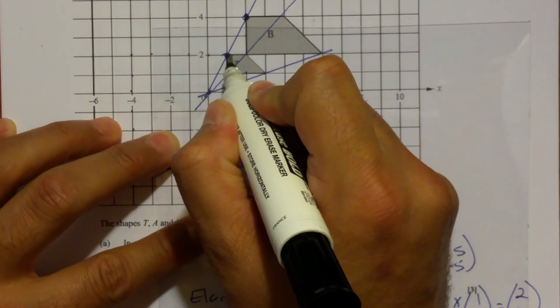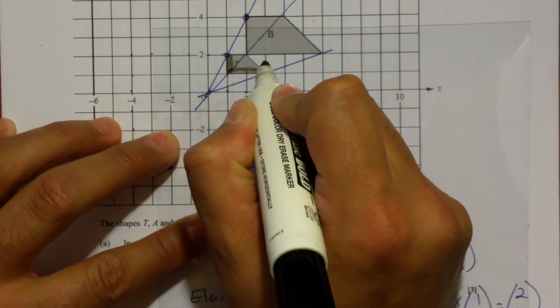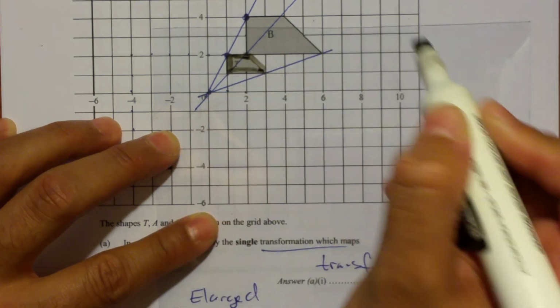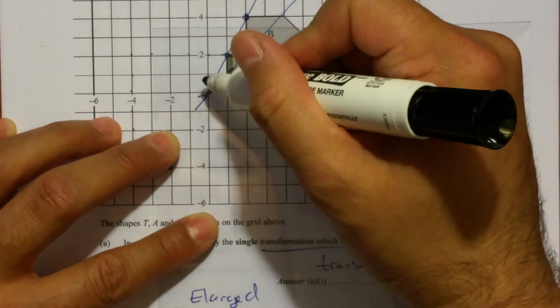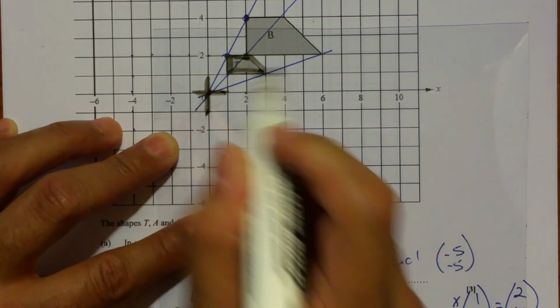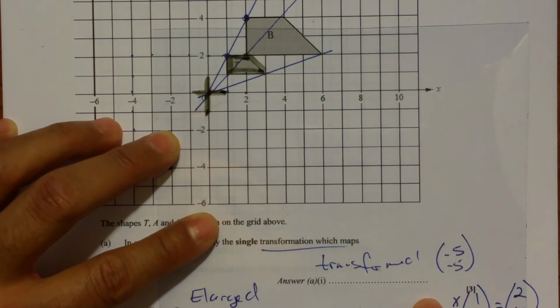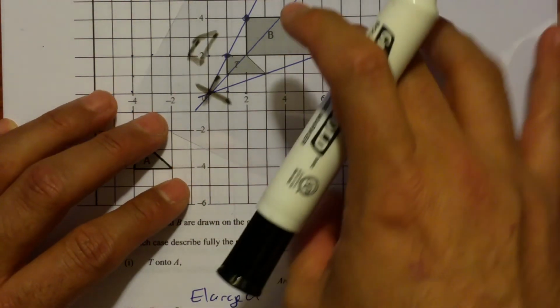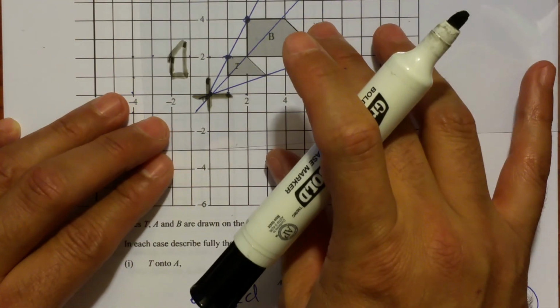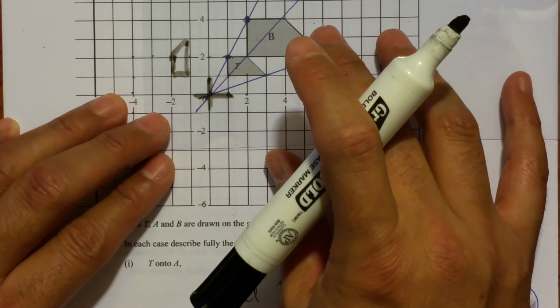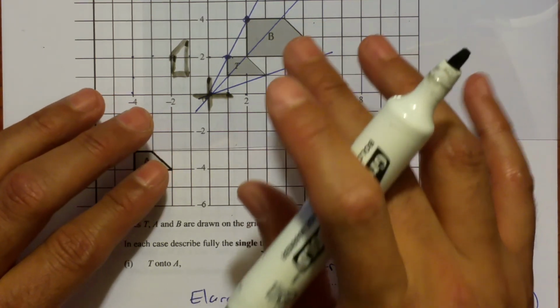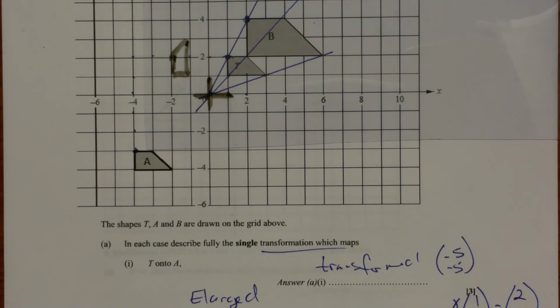Alright. There I go, and it's going to be about the origin right here. So let's do that. I'm going to rotate that 90 degrees. So put that back on the origin. There's 90 degrees. And there are my new points. I'm going to label that.